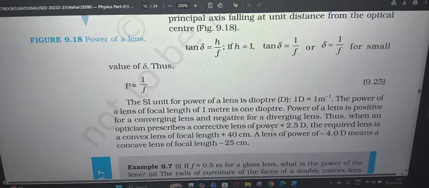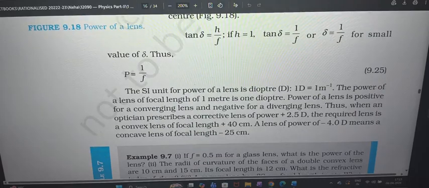So suppose someone is prescribing plus 2.5 diopters power, that means you need to buy a convex lens because it is positive. And if they're asking focal length, you can put this formula. 2.5 is equal to 1 by f, meaning f will be equal to 1 divided by 2.5. Then you convert it into centimeters, and you get 40 centimeters.